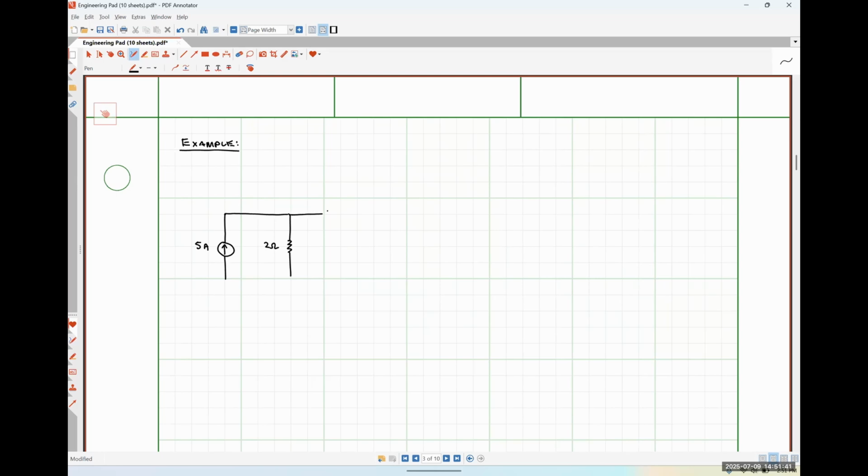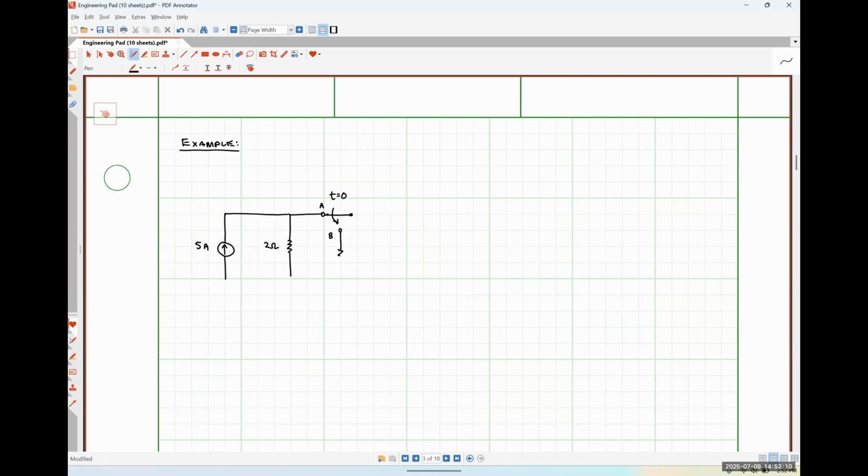Over here, I'm going to have a switch. This is going to be terminal A. Down here is going to be terminal B. My switch is initially connected at A, and it's going to flip down and connect at B at t equals 0.